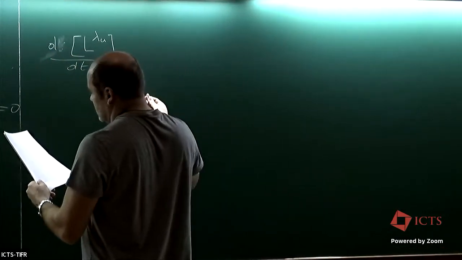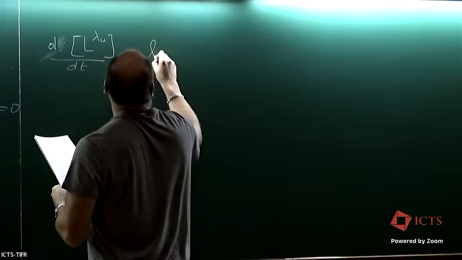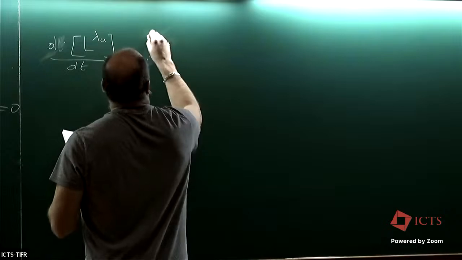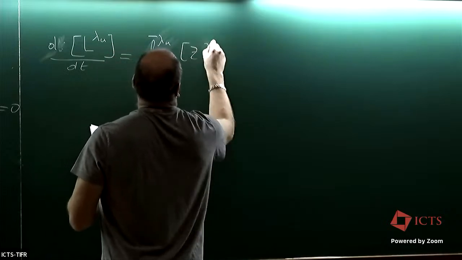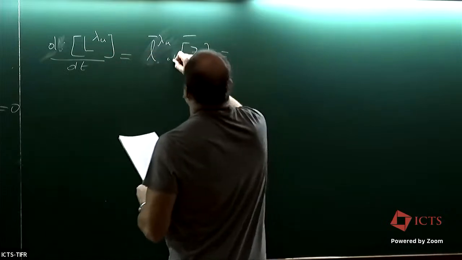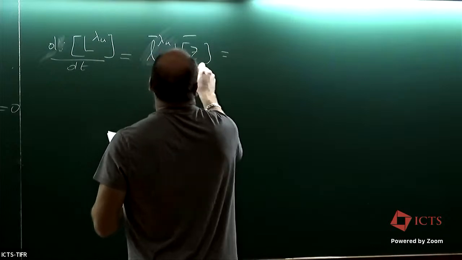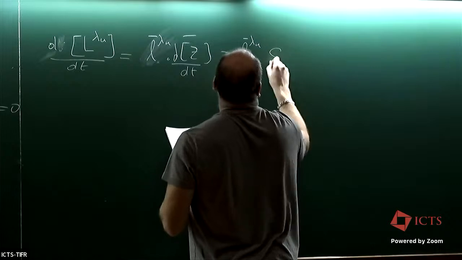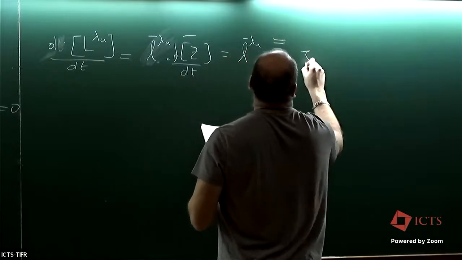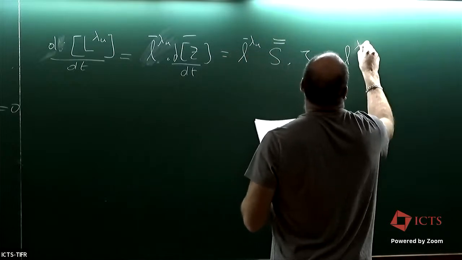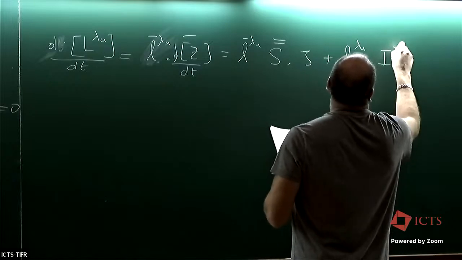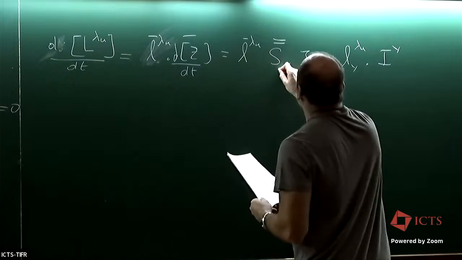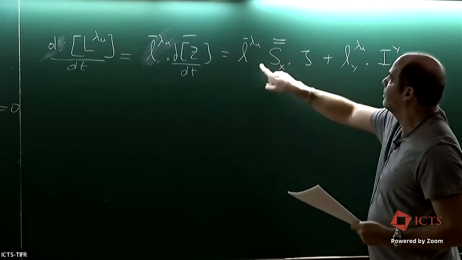For the reduced system, it's L_Y U times concentration Z. Derivative. I replace now by the dynamics. So it's going to be S times J plus L_Y U times this.